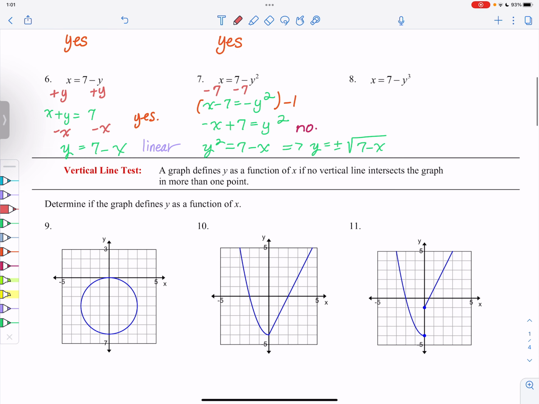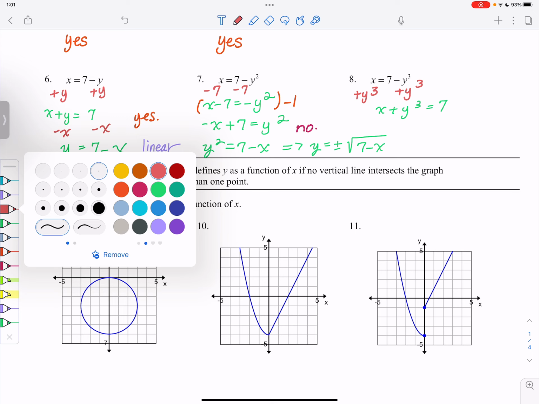Okay, now looking at number 8, let's try a different way this time. Let's add y cubed. So we have x plus y cubed is equal to 7.